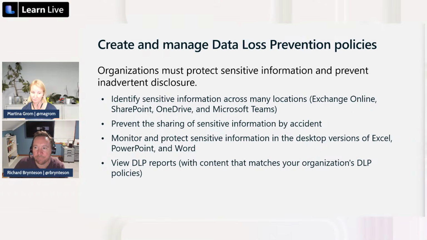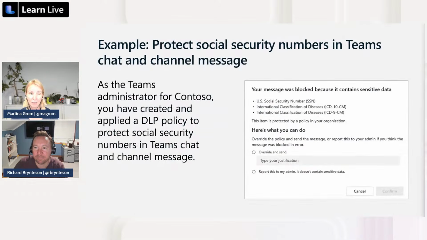And also, a data loss prevention policy is reviewing the content all the time. That means if you create a document and the next version of the document contains 100 credit card numbers, the data loss prevention policy will see that and protect you from oversharing that kind of information.